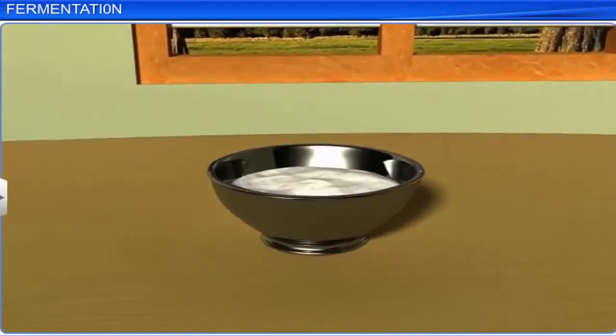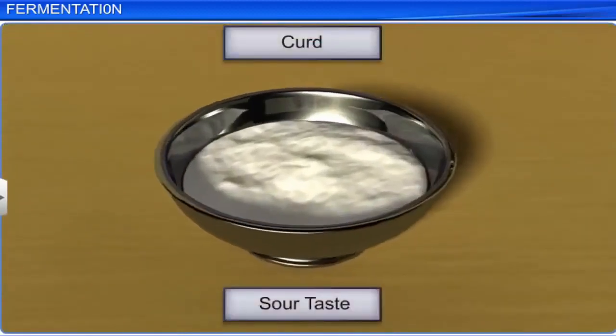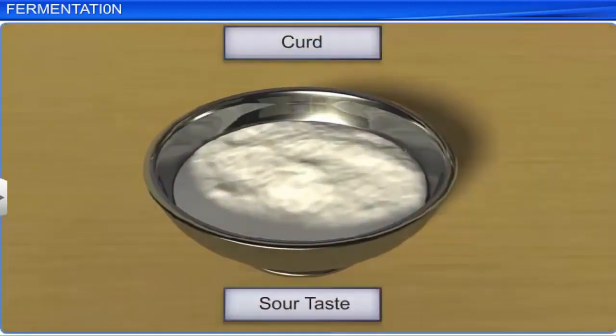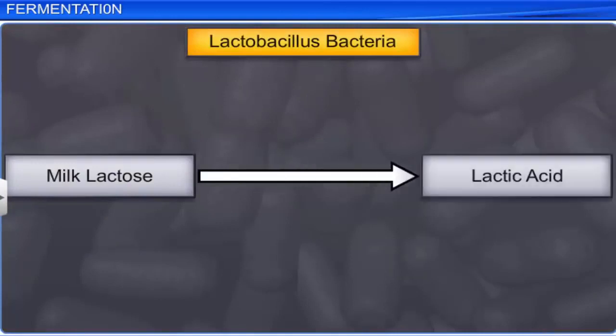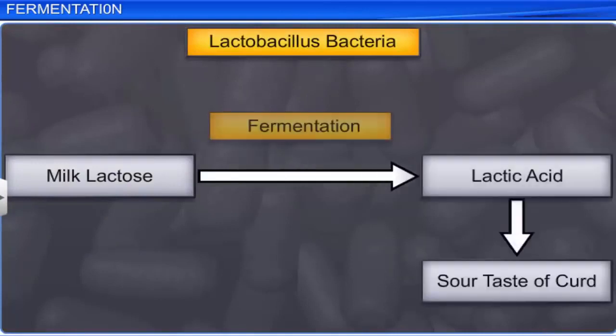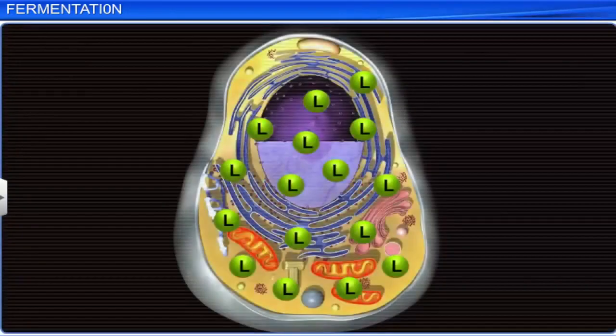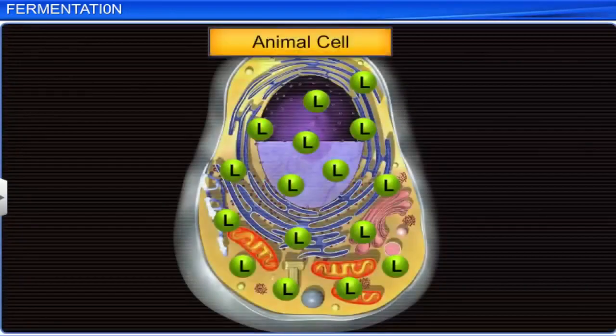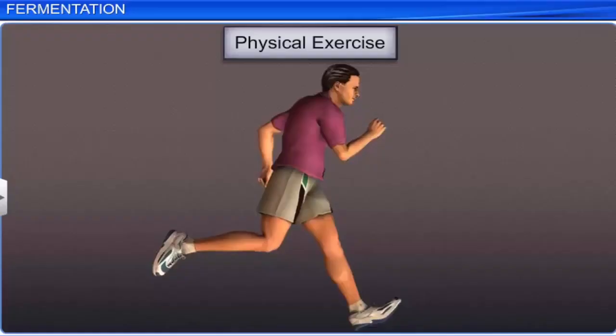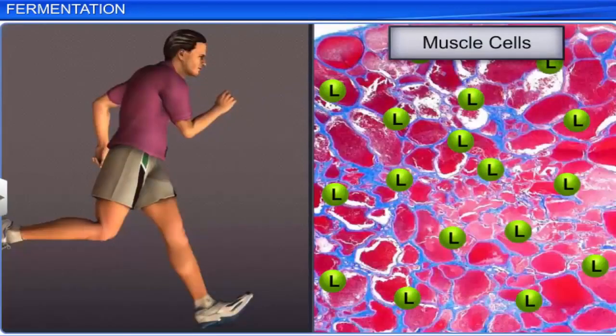For example, curd has a sour taste due to the presence of lactate formed by lactobacillus in fermentation. Lactate is also formed in animal cells under certain conditions. During physical exercise, muscle cells undergo anaerobic respiration.